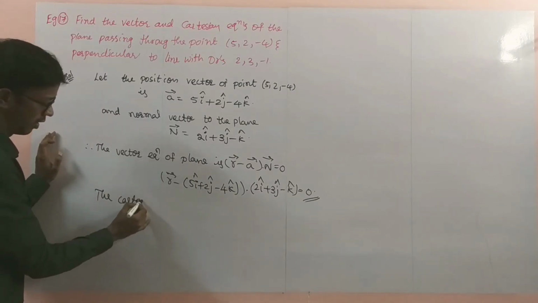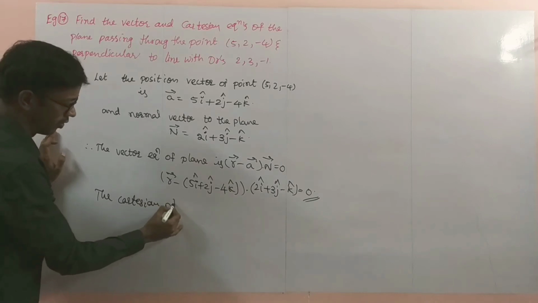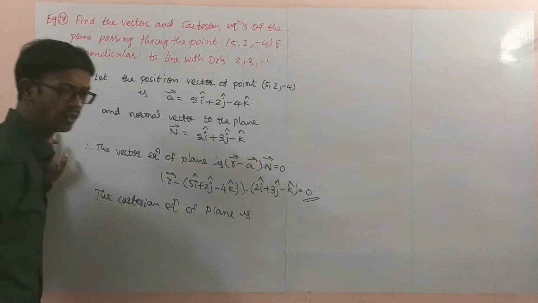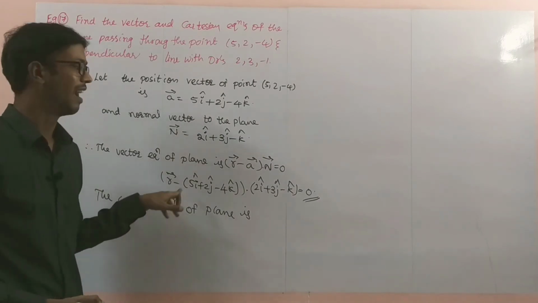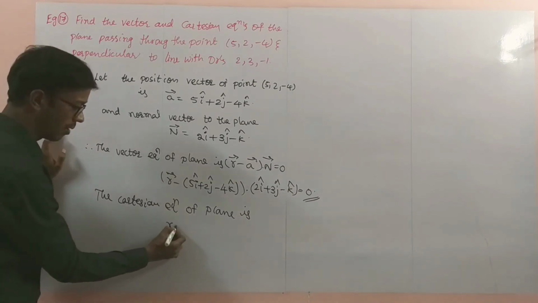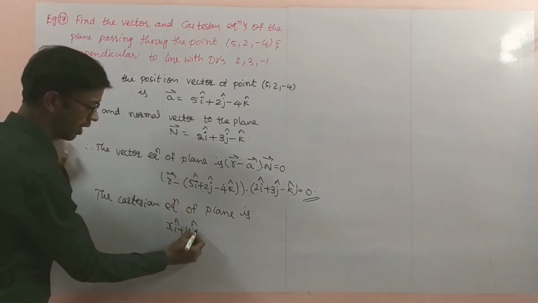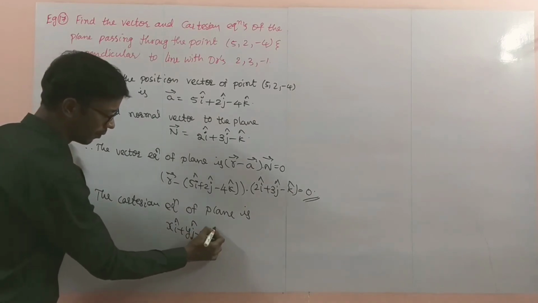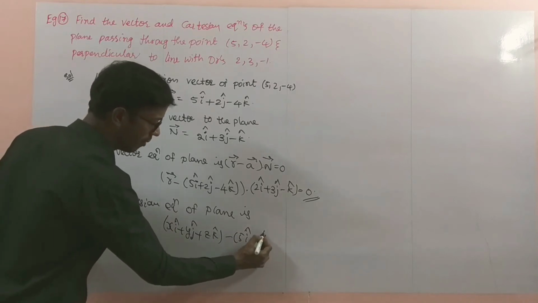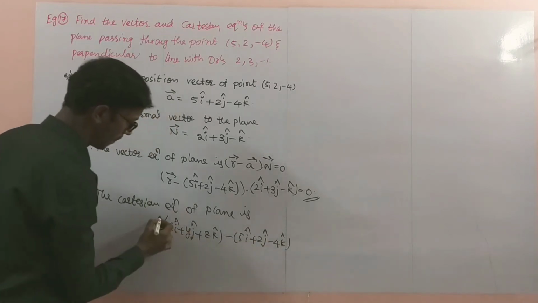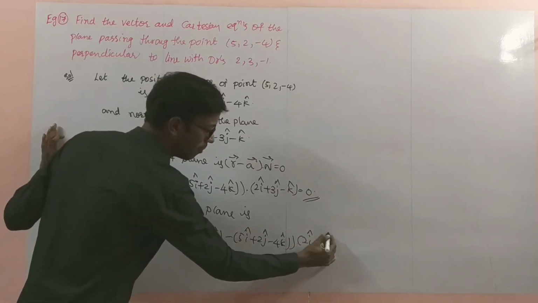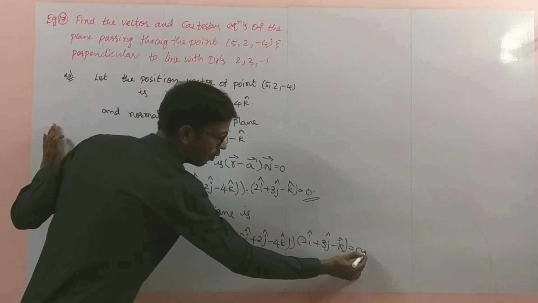The Cartesian equation of the plane is just direct substitution here, otherwise formula based also you can make. Direct I am substituting R bar as x I cap plus y J cap plus z K cap, minus 5 I cap plus 2 J cap minus 4 K cap, dot 2 I cap plus 3 J cap minus K cap equal to 0.